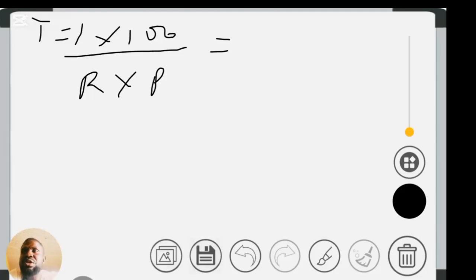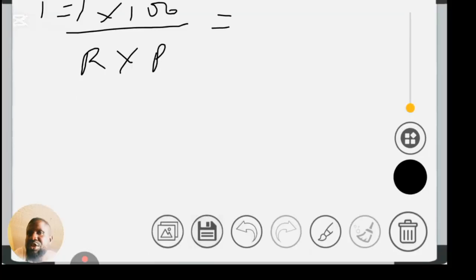So now the question is, what is the interest? Now remember the question, they say you earned 8,000 naira on 40,000 naira, so the 8,000 naira is the interest.